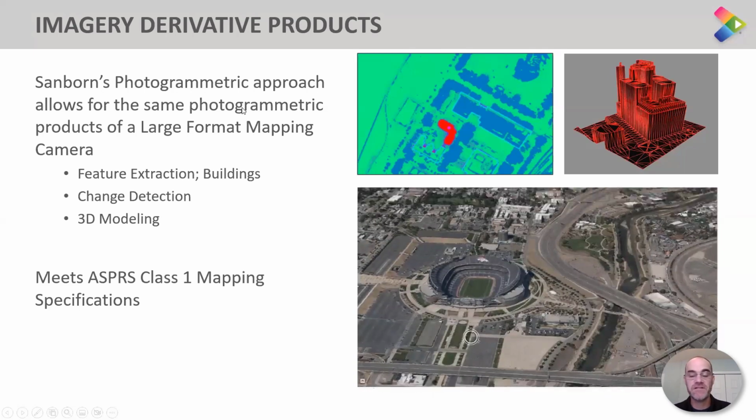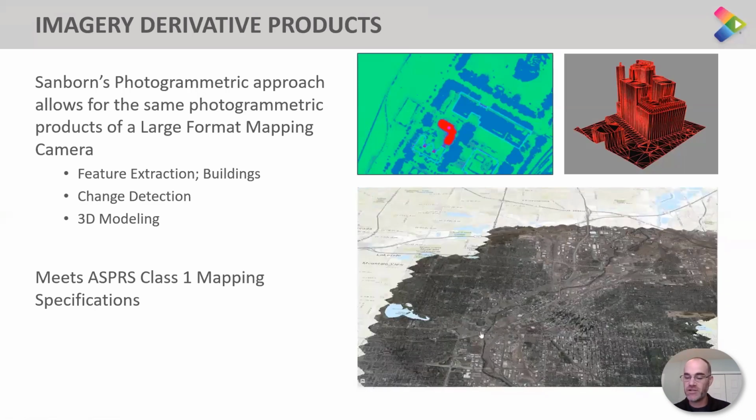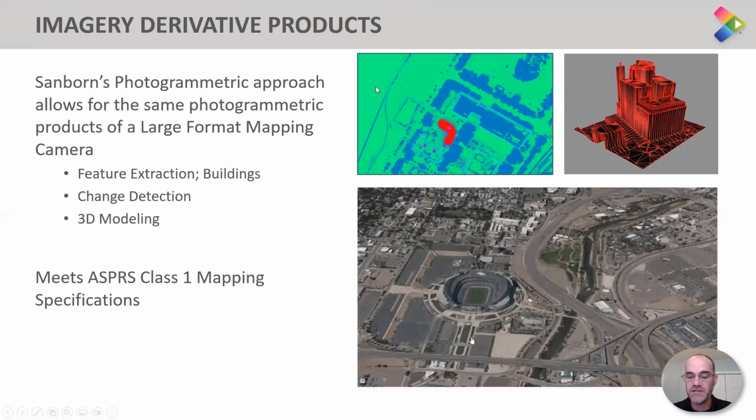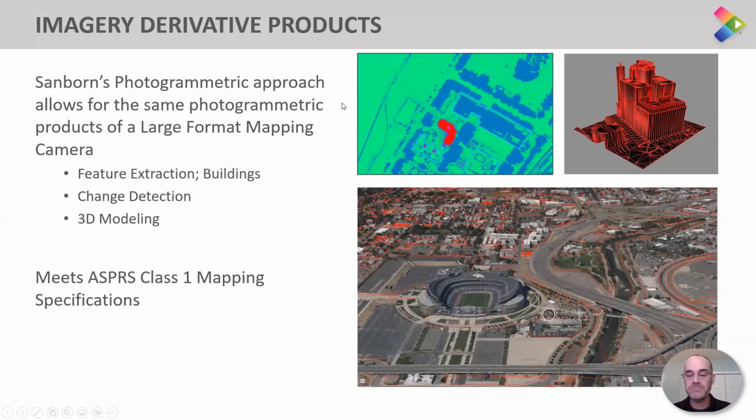Derivative products. From this imagery, we do have the ability to extract, from a photogrammetric perspective or even from a heads-up perspective, additional features, buildings. I think land cover was mentioned, right? Land use, land cover, very common near IR application from the imagery. 3D modeling, in particular from obliques, which we'll talk about in a minute.